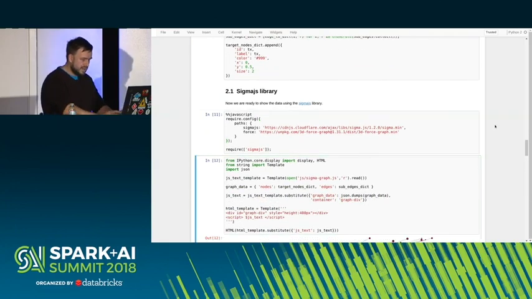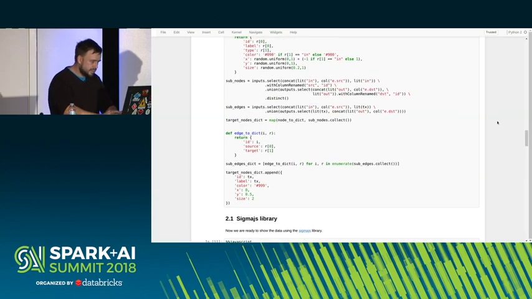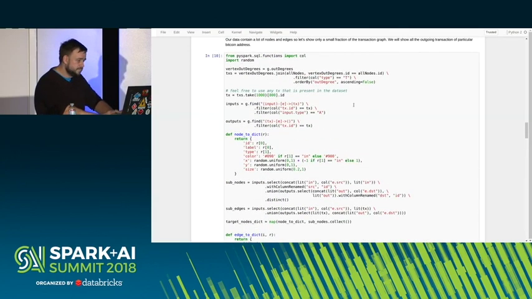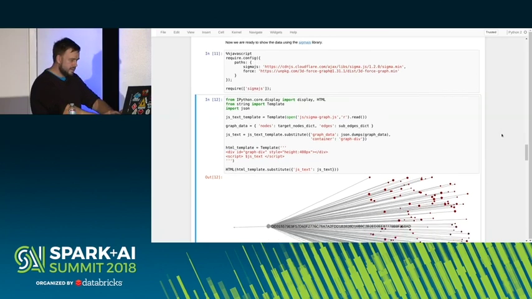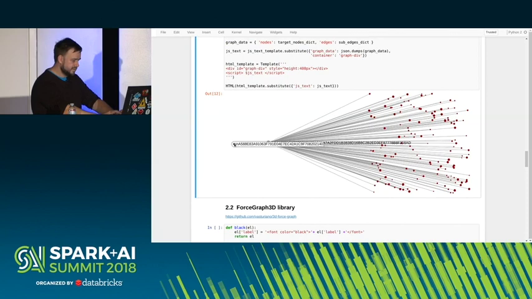So here I was evaluating something that takes some transaction that's in the first 1,000, and I'm trying to visualize it with a library called Sigma.js. And as we can see, here it is. There was one input to the transaction, and these red dots are outputs. So these are the addresses where this transaction contributed.